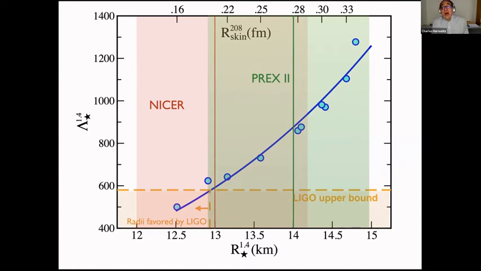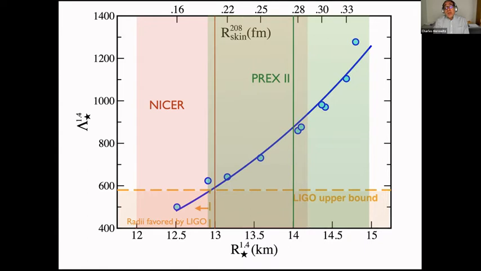Yeah, so I apologize. This may be a slightly earlier version of the talk. And to avoid some confusion, there are two slightly different results we have for the neutron skin. One is the result of just P-REX2 itself, and that may be what I plotted on the slide.